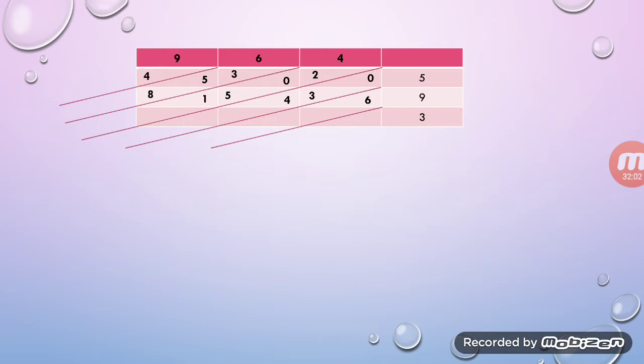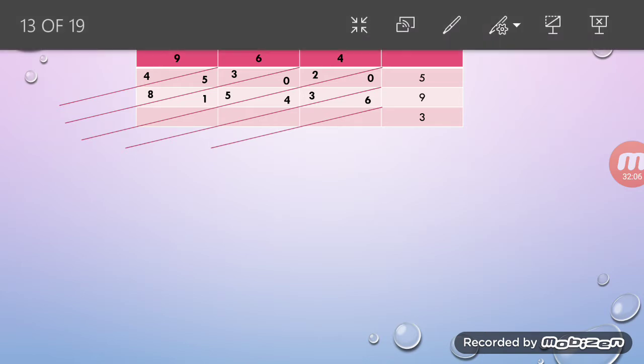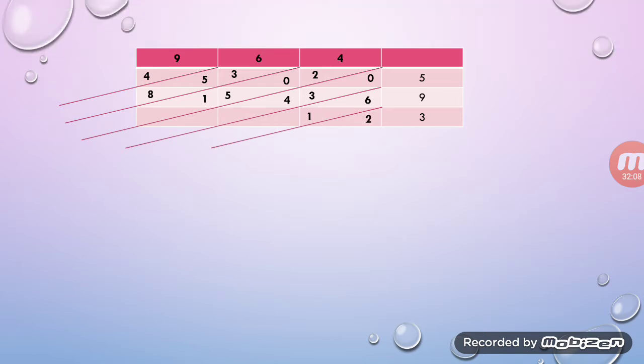And 9 times 9 is going to be 81. Our final row will be 4 times 3 equaling 12, 6 times 3 equaling 18, and 9 times 3 equaling 27.